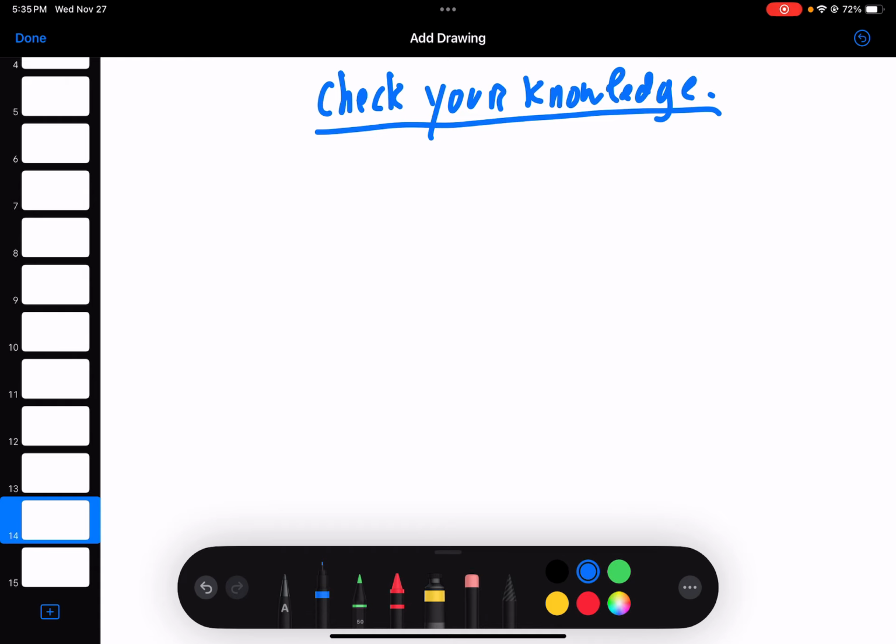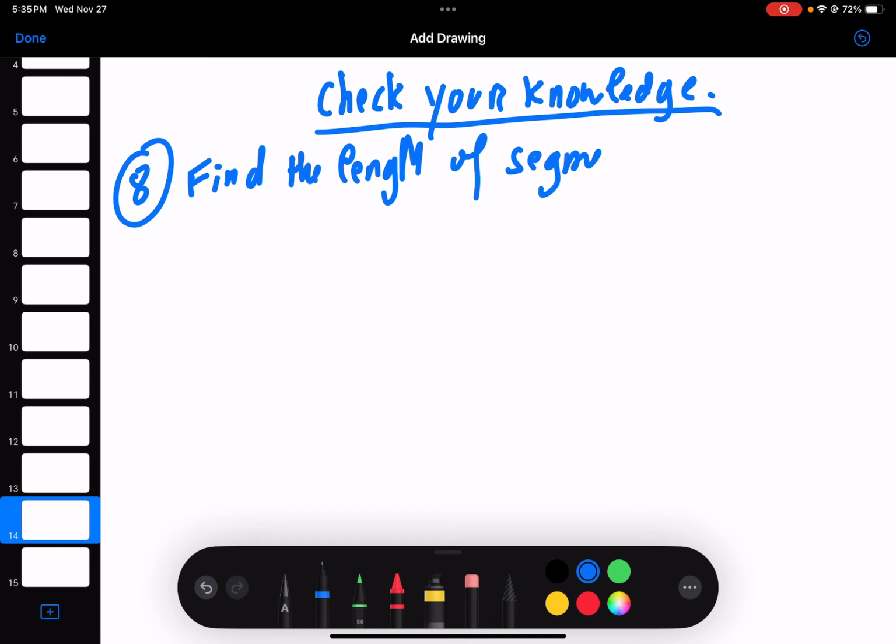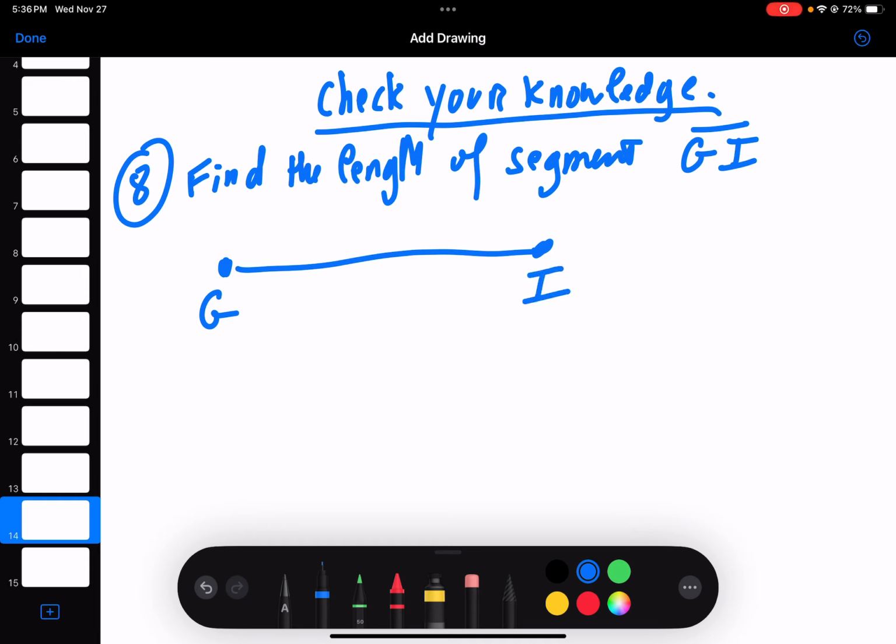All right, so question 8. Find the length of segment GI. Remember the segment addition postulate.